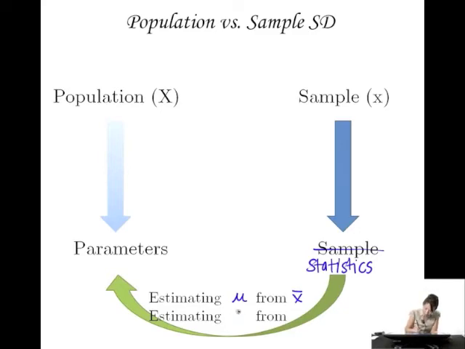And we're going to estimate the sigma, or the standard deviation of the population, from s, which is the standard deviation of the sample, right? So sigma is sort of a new notation. Notice that for population, we're using parameters that use Greek letters. And here we're using regular Roman letters.